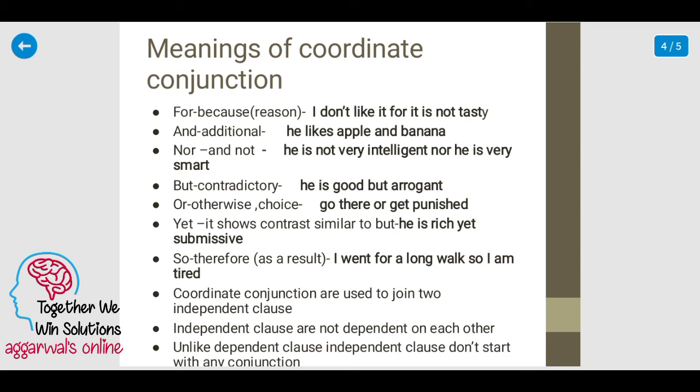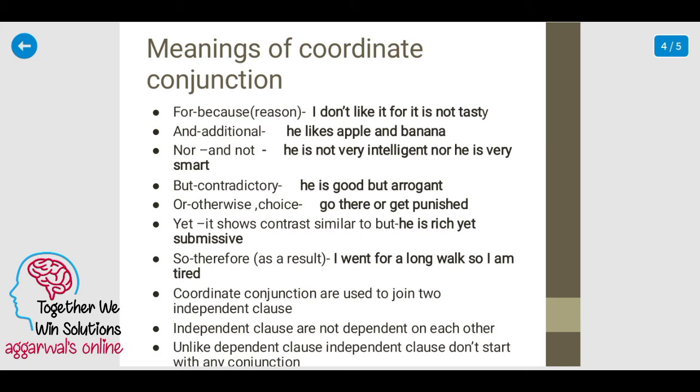So coordinate conjunctions are used to join two independent clauses. Always keep in mind that coordinate conjunctions, apart from joining two words or two phrases, always join those clauses that are independent. Independent clauses are not dependent on each other and they don't start with any conjunction.